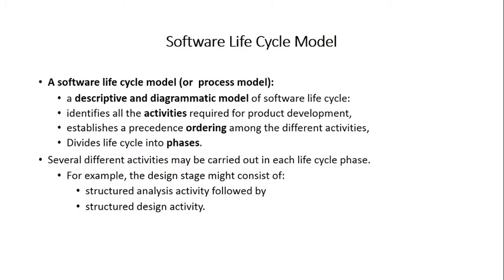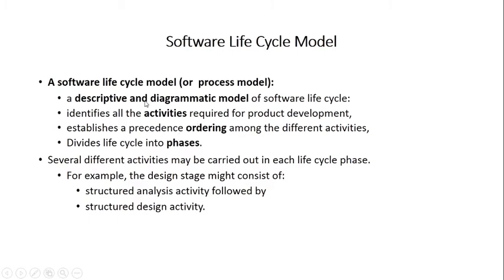We'll see in the later models what descriptive means. Diagrammatic is clear. Then it identifies all the activities required for a product development, right? So in that case, it's a diagrammatic approach.